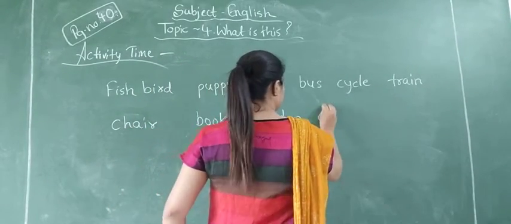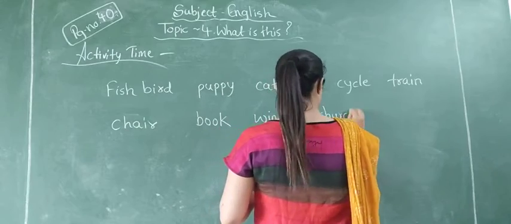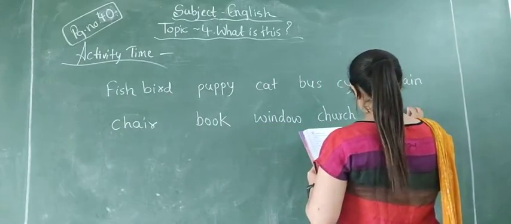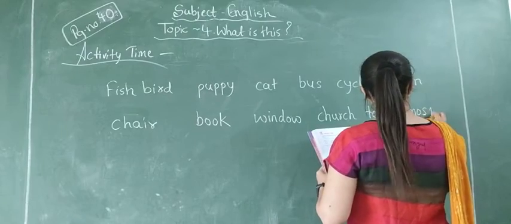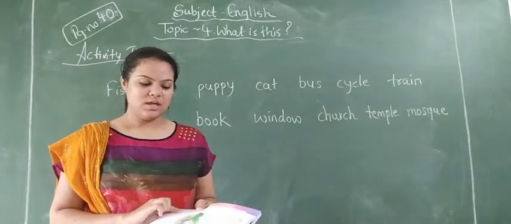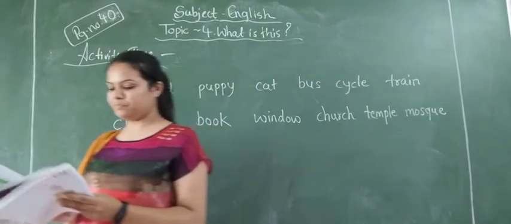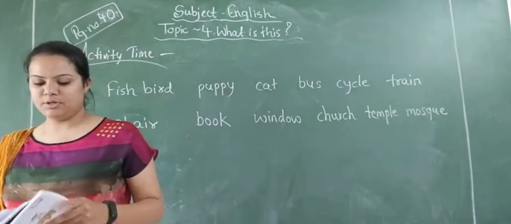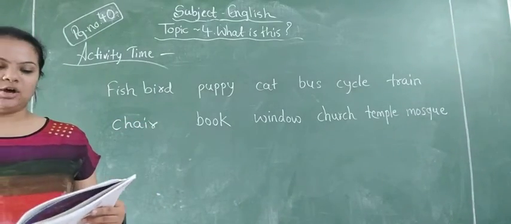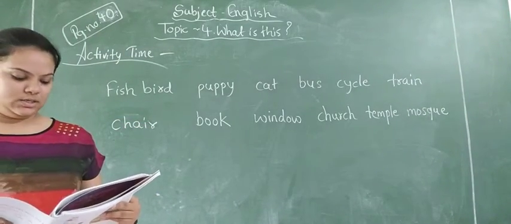WINDOW window, CHURCH church, TEMPLE temple, MOSQUE mosque. ये सारी स्पेलिंग्स हमने पढ़े थे, है ना, starting chapter के पेज नंबर पे हमने ये सारी स्पेलिंग्स को रीड आउट किया था on the page number 34.